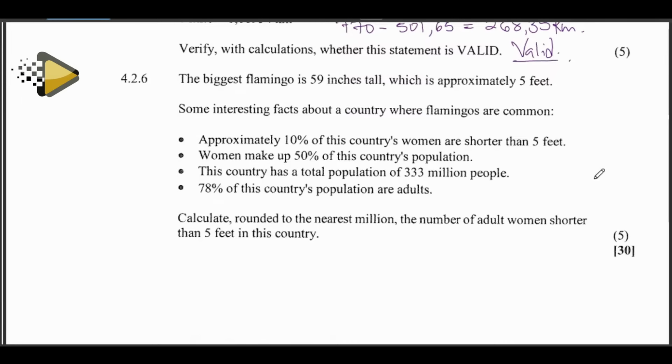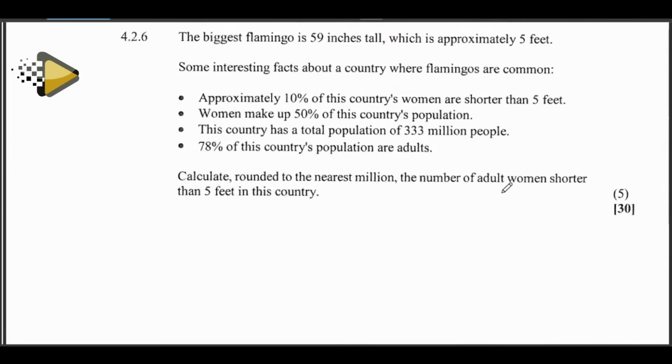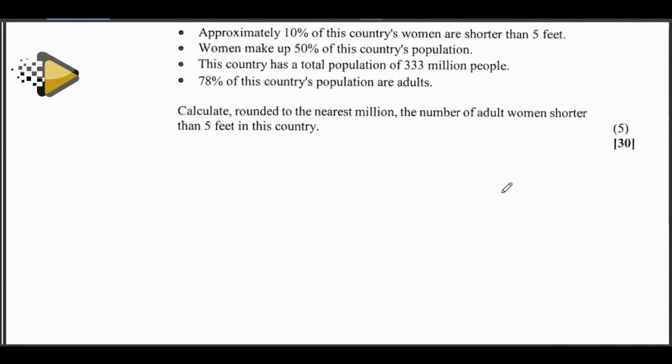This country has a total population of 333 million people, and 78% of this country's population are adults. Calculate, rounded to the nearest million, the number of adult women shorter than 5 feet in the country.